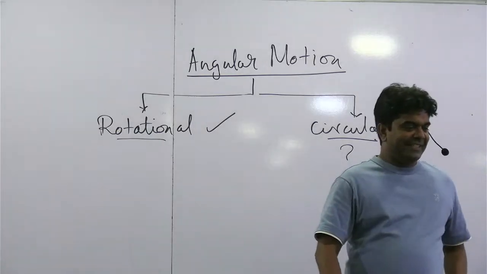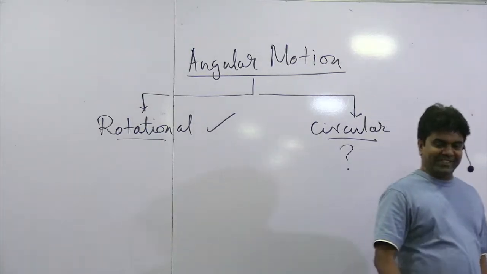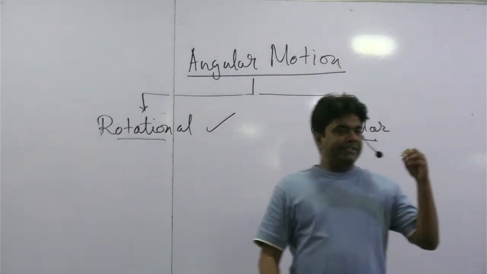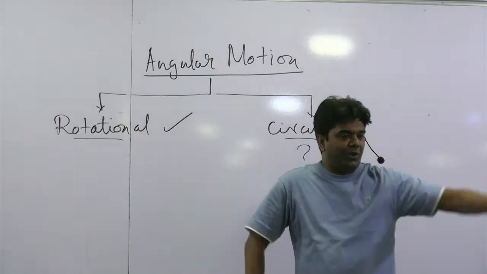A motion of an object moving in a circle, very bad. That's obvious. What is rotational motion? Circular path, yes, path is circular and the center should be out of the object itself.